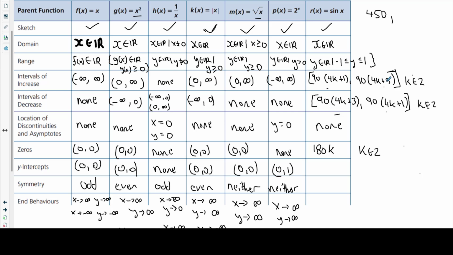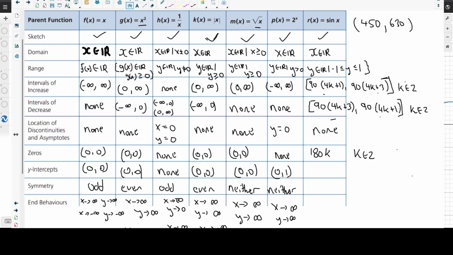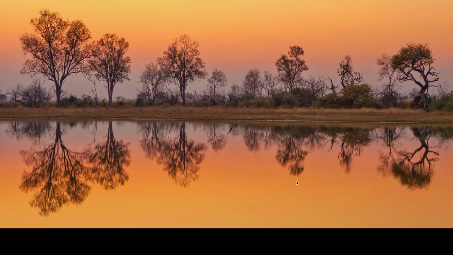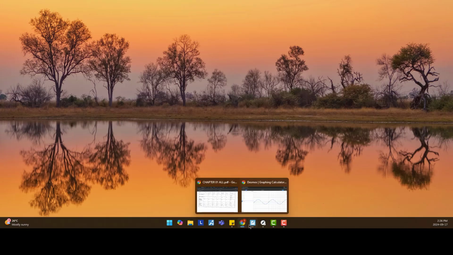And in this case, it would be 4 times 1, 4, plus 3, 7, 90 times 7, that's going to be 630. So from 450 degrees to 630 degrees would be an interval of increase.